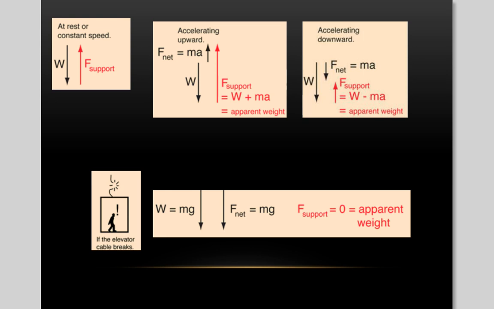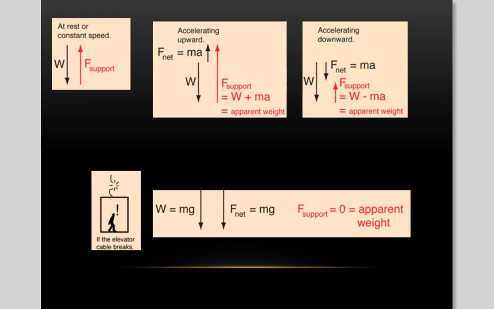If it's at rest or a constant speed, this diagram at the top left tells you that the support force, which is tension in the rope, is completely balanced by the weight. The weight and the tension are completely balanced.